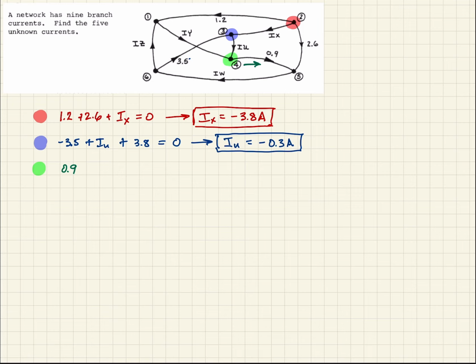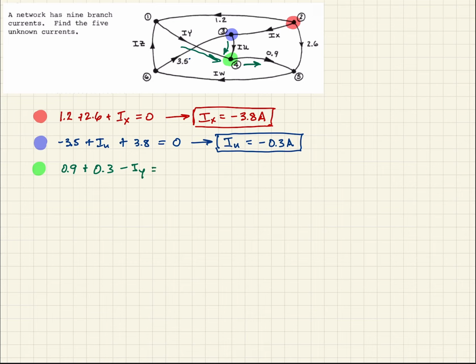And then we have coming in this way into it, which is negative, but that value IU we just solved for has a negative value, so then that'll be plus 0.3. And then finally, we've got our unknown, this IY, which we're assuming is coming into the node, so that would be a negative I sub y.